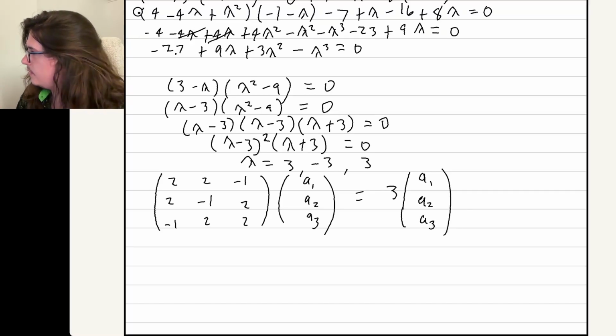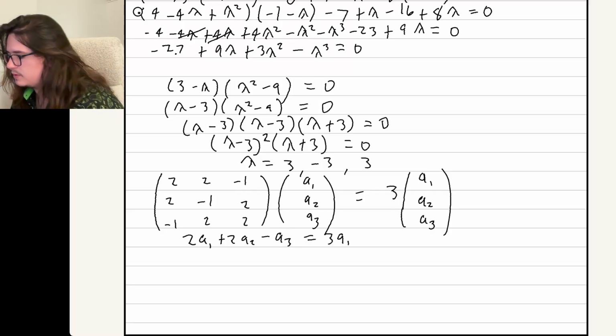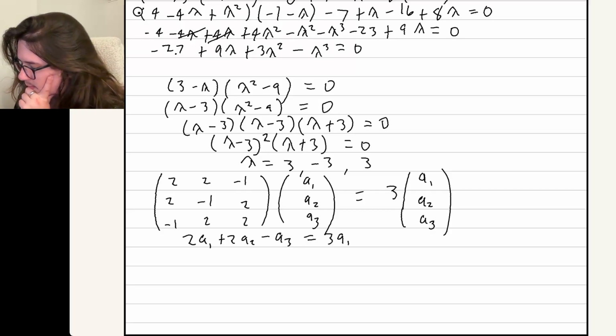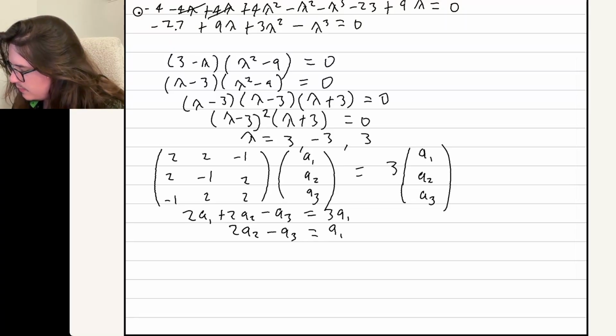So just going through the multiplication, we've got 2a1 plus 2a2 minus a3 equals 3a1 for the first equation. And then let's just work with this for now. So we're going to have 2a2 minus a3 equals a1, very simply.